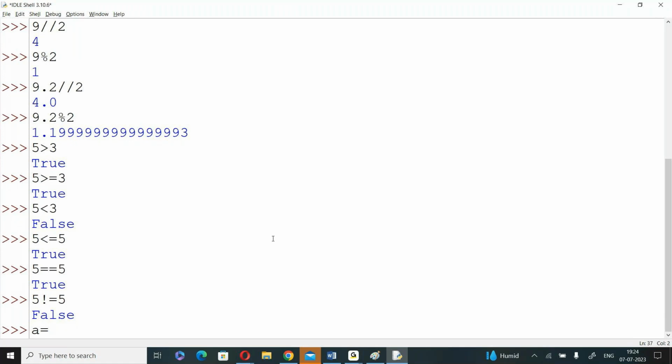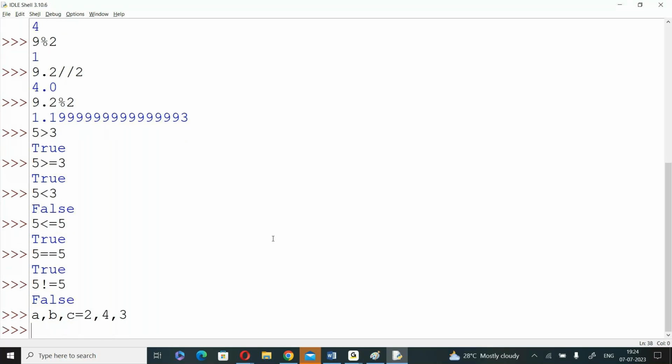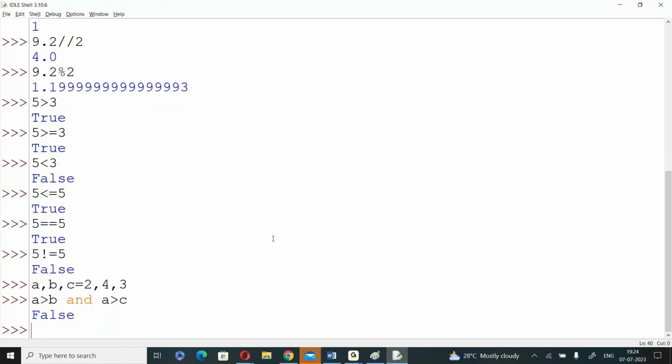Suppose we take some values a, b, c equal to 2, 4, 3. Right now I am taking three values: 2, 4, 3. Now check some conditions: a greater than b and a greater than c. The condition is false. How? First it checks a greater than b, 2 greater than 4.